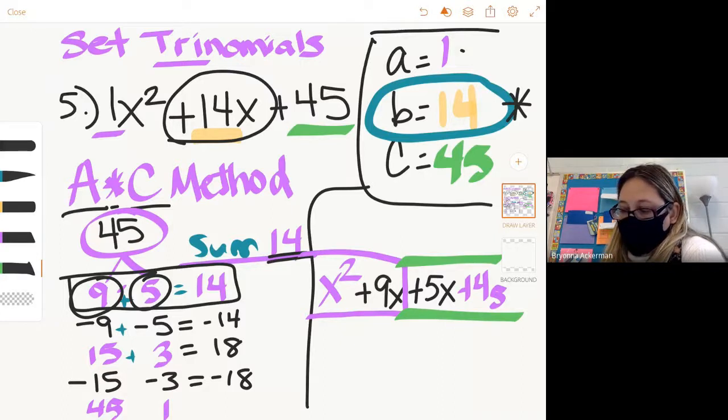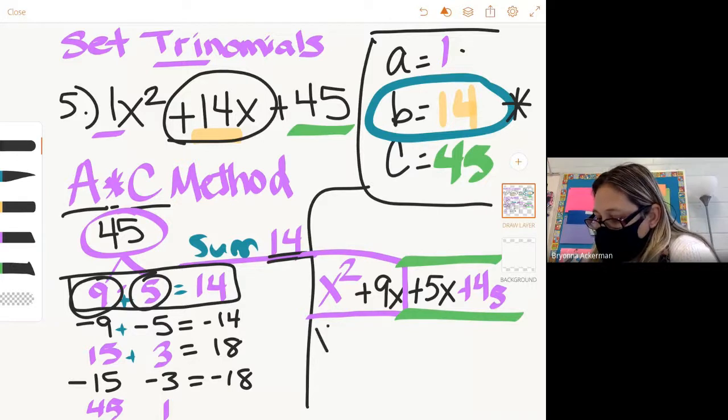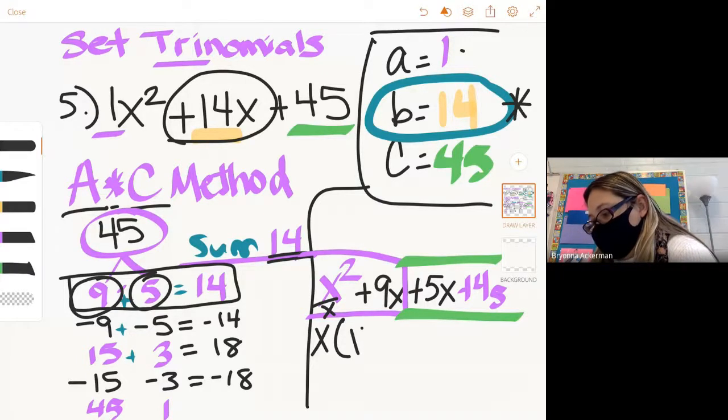So out of the purple square, what can be taken out of both of those? Just x, right? Good. So just x can be taken out. And so if I do x squared divided by x, what do I get? X. And if I do 9x divided by x, what do I get? 9. Good.